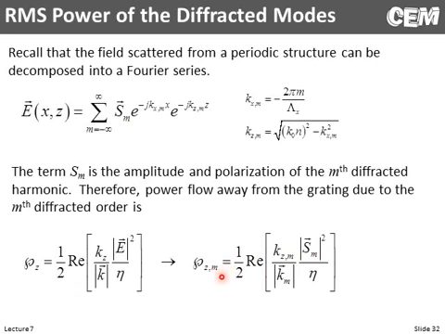And now we're setting ourselves up to calculate the power in the mth order harmonic. And that's why we have the amplitude of the mth order harmonic there. So you see what I did? So now there's a Poynting vector associated with each of those harmonics. That's the z component of each of those harmonics.